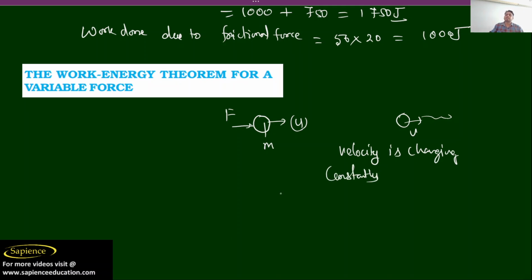And if v is changing, it means kinetic energy is changing. So can we write the kinetic energy change as dK by dt? I will talk about small changes. A small change in kinetic energy per unit time can be written as dK by dt.